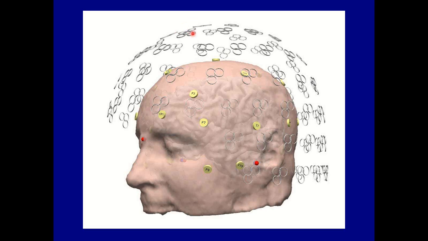You can see here the spatial differences between EEG and MEG. You can see the actual electrodes on the head and the MEG sensors. In our particular device, the Elekta device, we have 306 sensors as opposed to, say, 25 channels of EEG that we record.